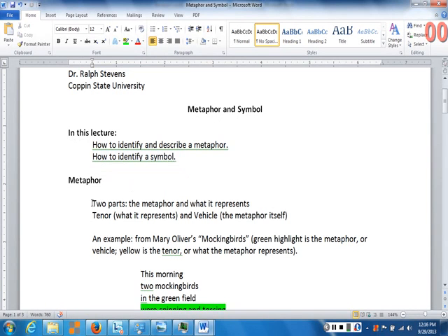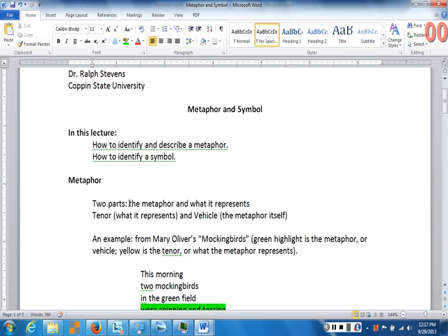In general, there are two parts to a metaphor, and remember that we're talking about metaphor in poetry in particular. There's metaphor all over the place, and language, by the way, is highly metaphorical. You are using metaphor on a regular basis throughout the day when you speak, whether you know it or not.